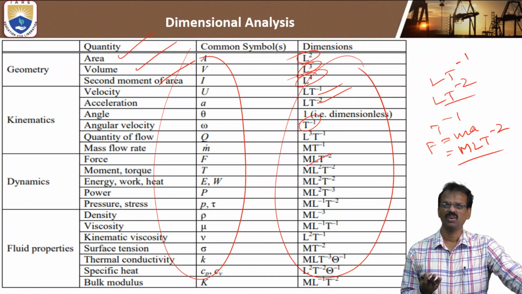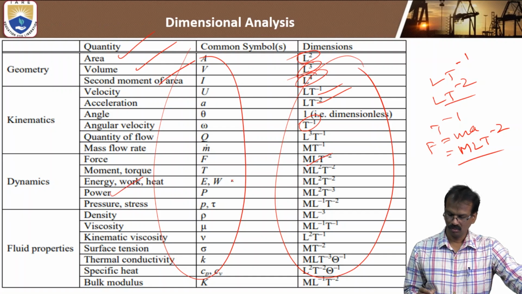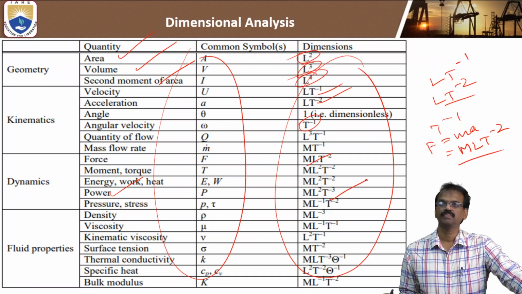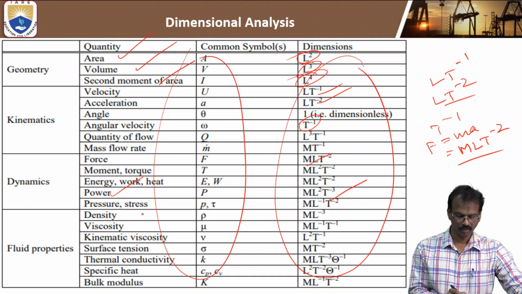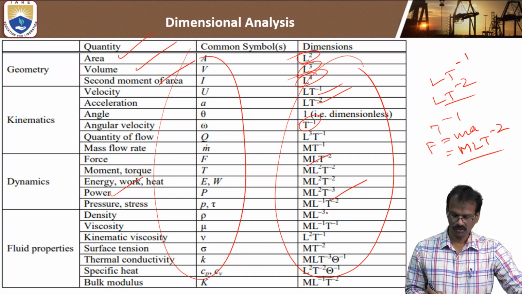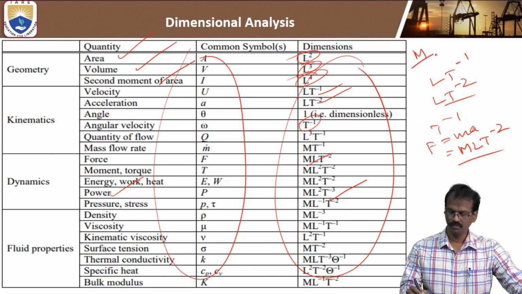Power is force upon time, so the value is ML square T to the power of minus 3. Next, pressure: P is ML minus 1 T minus 1. Density is mass upon volume. Mass is M, volume is L cube, so ML minus 3.